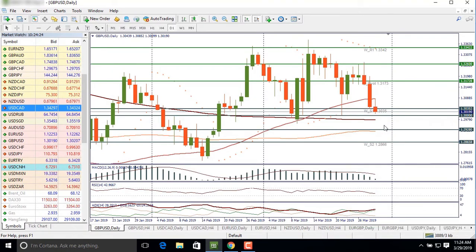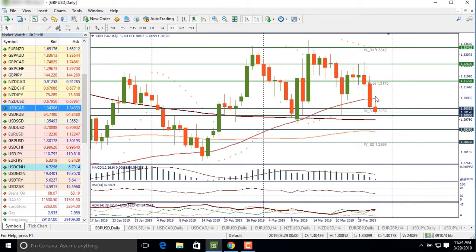At first, let's consider the daily chart of GBP USD. The news that the Northern Ireland Party would not support the Brexit deal today weakened the GBP yesterday. The pair fell below the 50-day simple moving average.